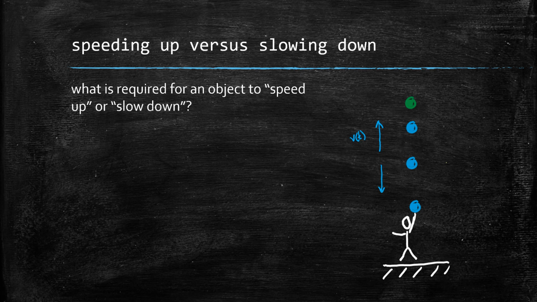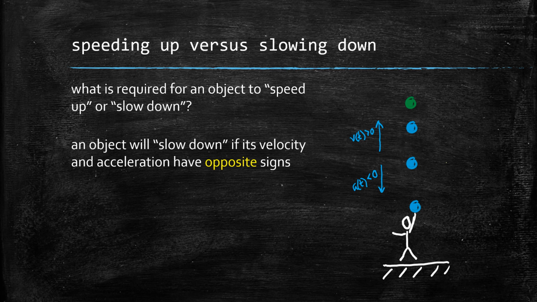So if you think about it, the velocity is positive because that's the direction you're throwing it in, and the acceleration due to gravity in this case is negative because it's pointing towards the Earth. And because acceleration is counteracting velocity, that is the reason that the ball slows down. So if velocity and acceleration have opposite signs, an object will slow down.